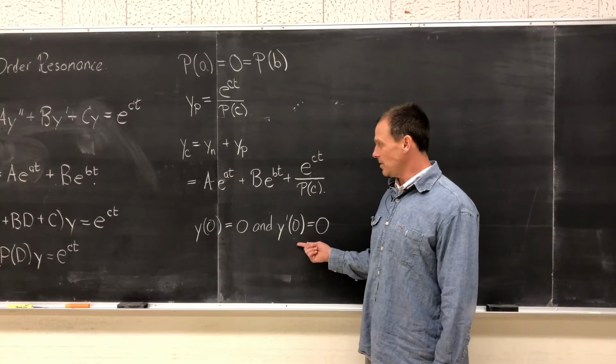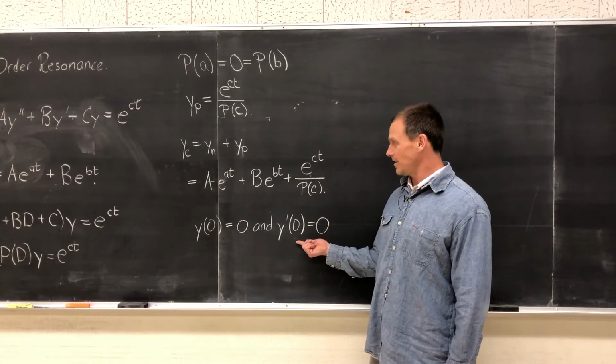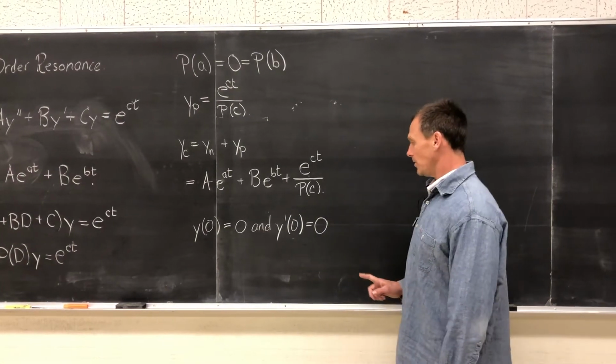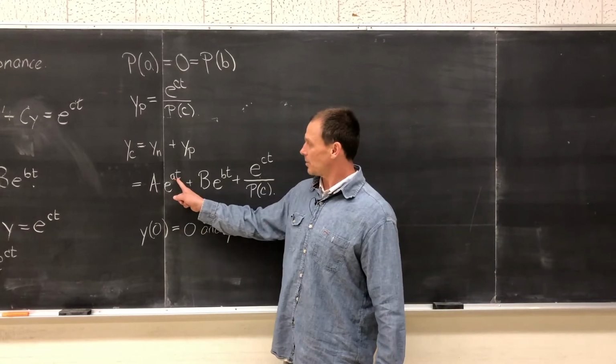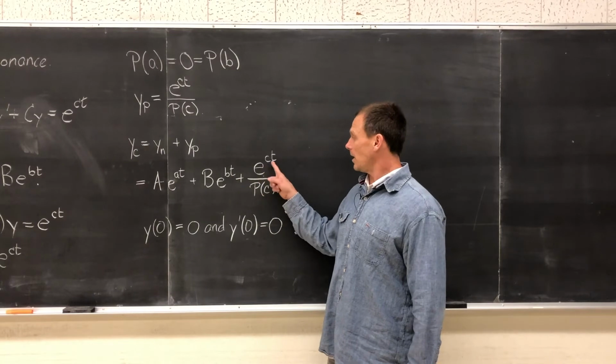So what we need to do is find this very particular solution. We're going to evaluate y of 0. So y of 0 means I'm going to put a 0 in this t and a 0 here.